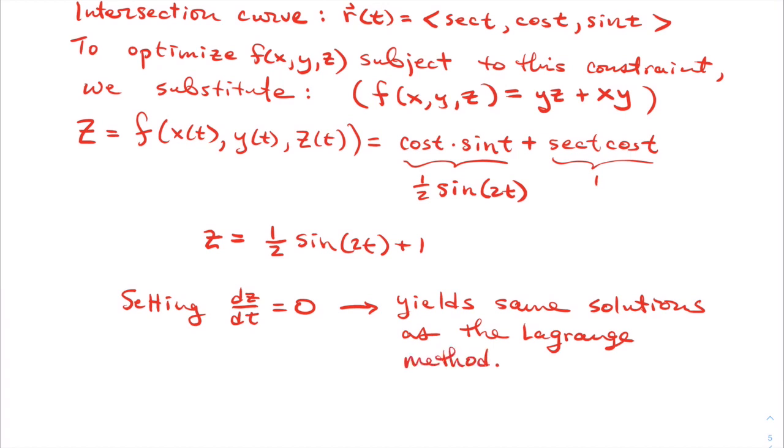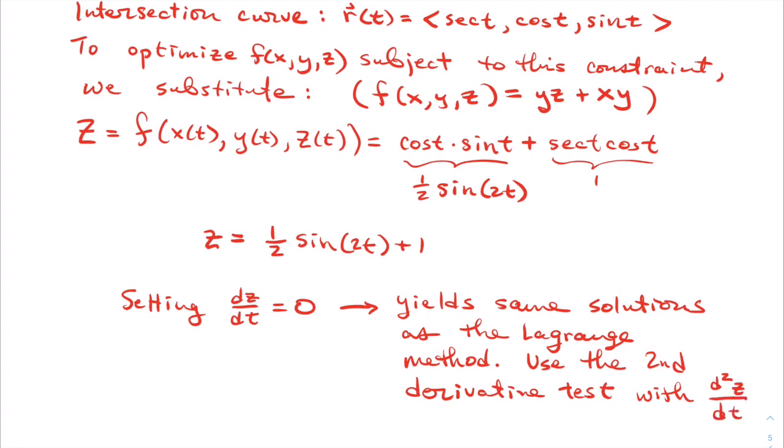We could use the second derivative test here to classify those points. With, I guess we would do the second derivative of z with respect to t to classify the points.